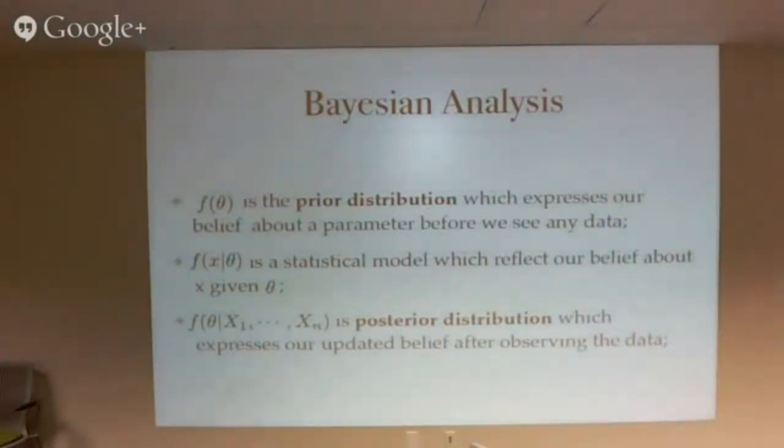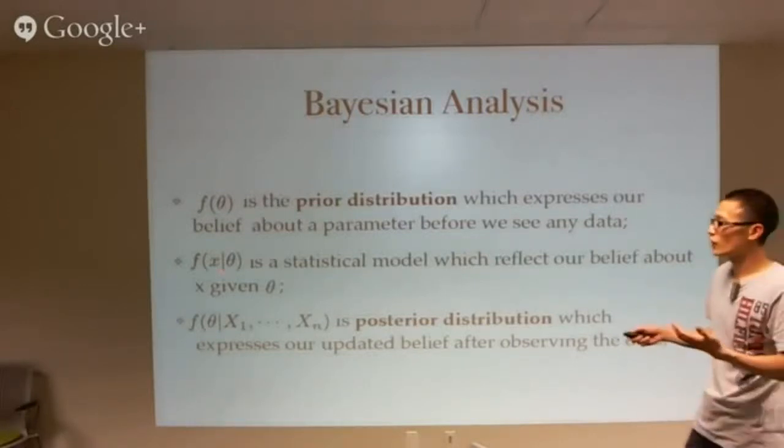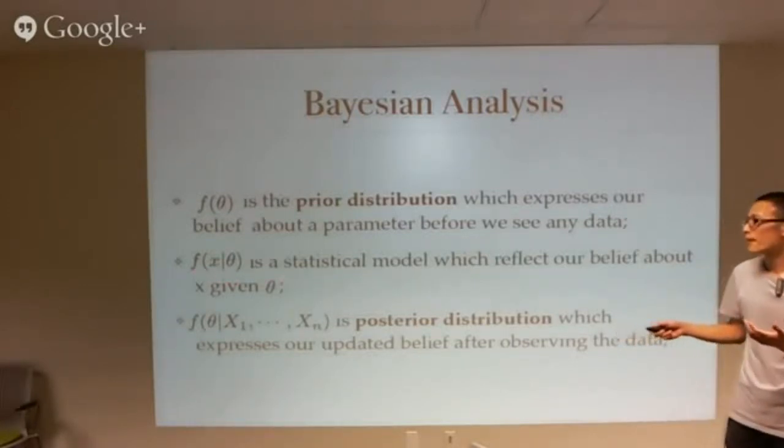For Bayesian analysis, we use beliefs. f(theta) is the prior distribution, which expresses our belief about the parameter before we see any data. f(x given theta) is the statistical model, which reflects our belief about x given theta. Sometimes we call this the likelihood.